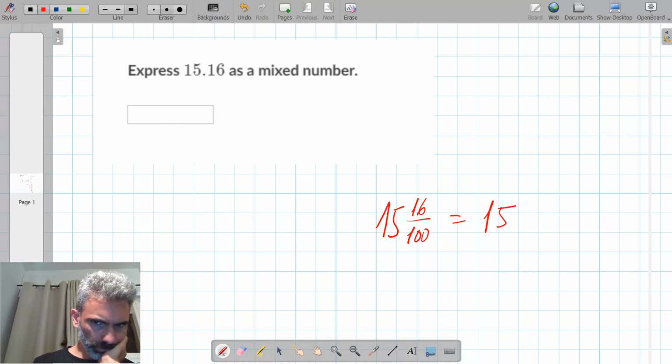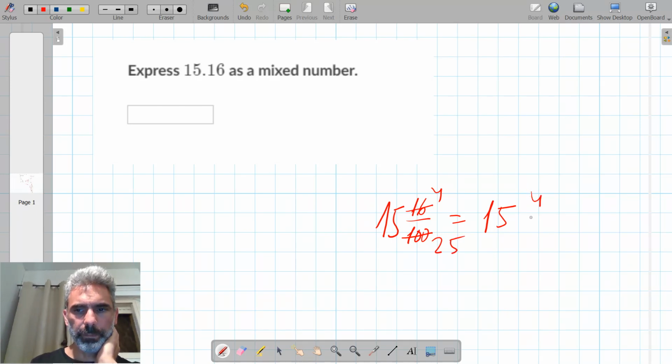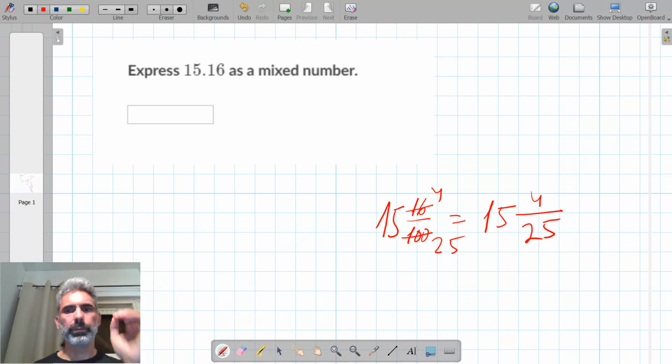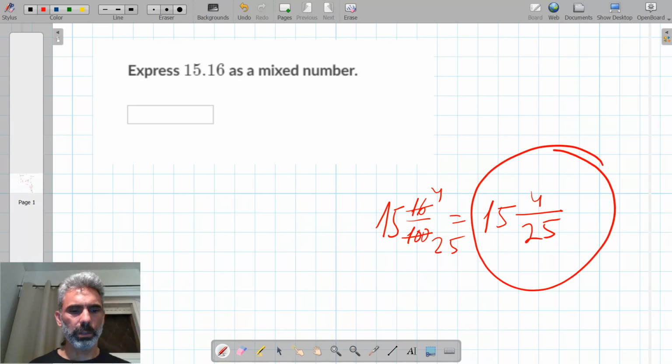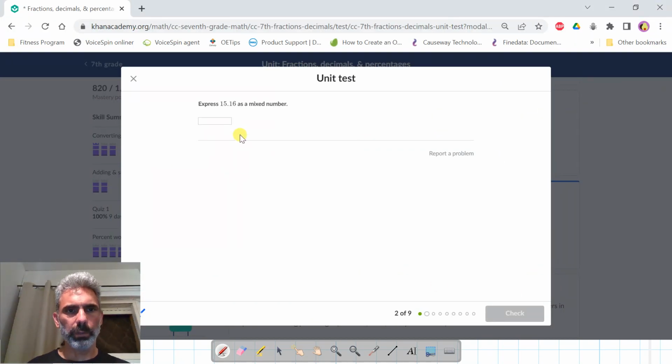If I divide by 4, 16 divided by 4 is 4. 100 divided by 4 is 25. So it's 15 and 4 over 25. That's the answer. 15 and 4 over 25.